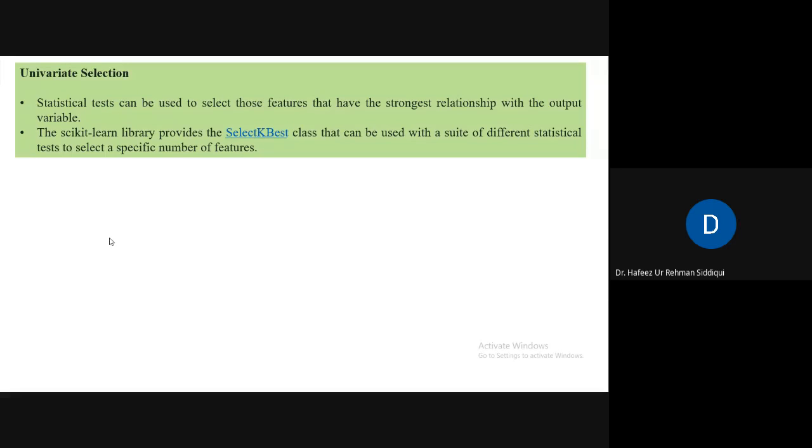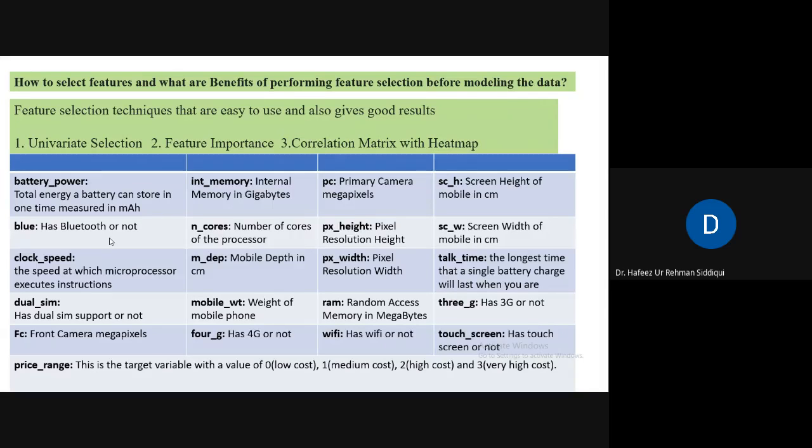So the scikit library provides us a SelectKBest class that can be used with a suite of different statistical tests. So SelectKBest. For example, if you want to apply a built-in method, you would say that I want to see 5 best features from this data set or 10 best features from this data set.